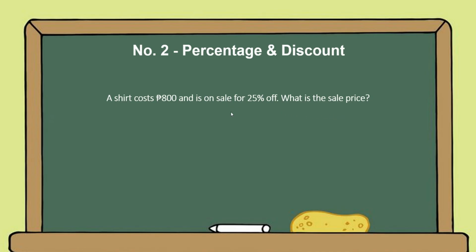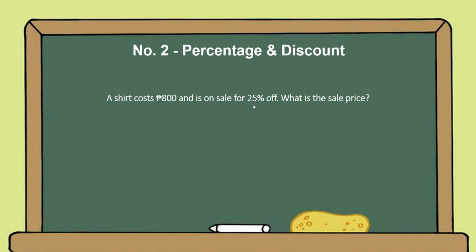To solve this, we first need to find the amount of the discount, which is the portion of the original price that will be deducted. The discount amount is determined by multiplying the original price by the discount rate, expressed in decimal form.